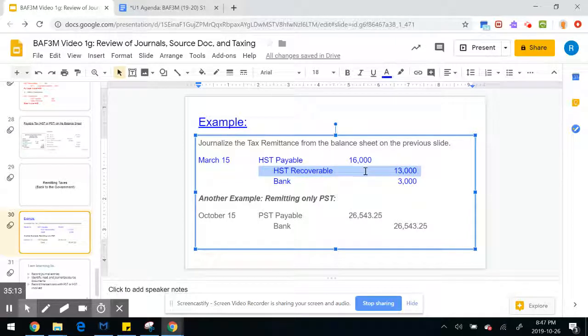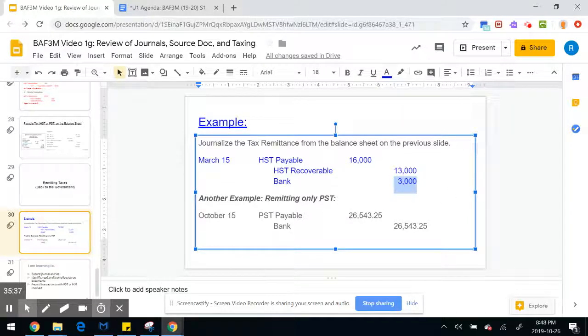And HST recoverable, which we've been debiting every time we make a purchase where we get to recover the HST, has a normal debit balance of 13,000. We're getting rid of it, so we credit it. So basically, just do the opposite that you normally do to HST payable and the opposite that you normally do to HST recoverable. Effectively, this is going to push the value of these two accounts down to zero, and we're also going to get rid of 3,000 in bank, and therefore we're all square with the government. We're all paid back on the HST.